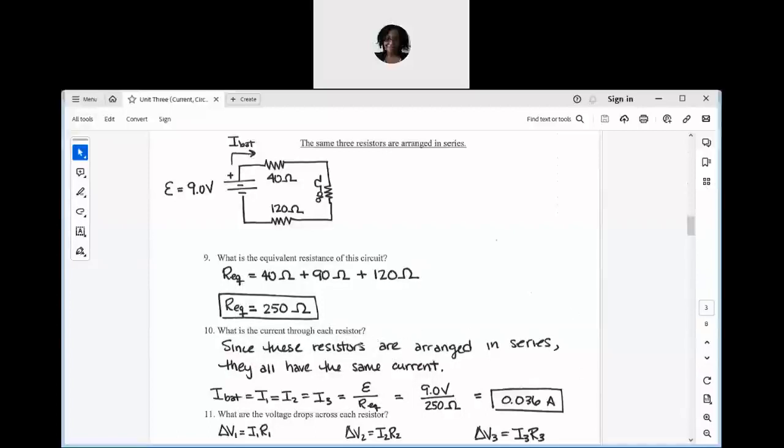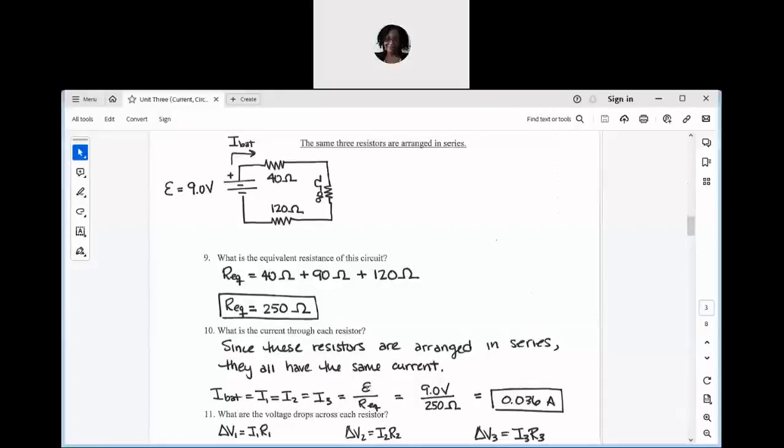For the current through each resistor, just by virtue of the fact that this is a series circuit, they're all going to have the same current. There are no junctions for current to split off. So whatever goes through the 40 ohm resistor is going to be exactly what goes through the 90 and the 120. I can figure out what that is by using the loop rule, which is another term for Ohm's law applied to the entire circuit.